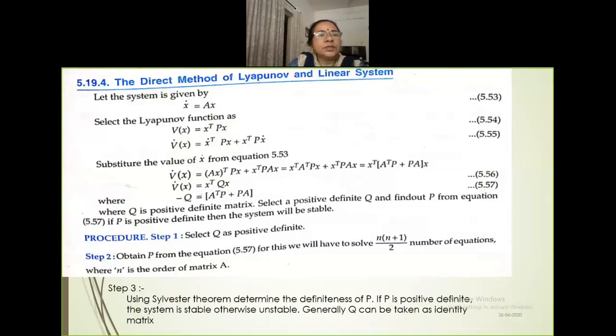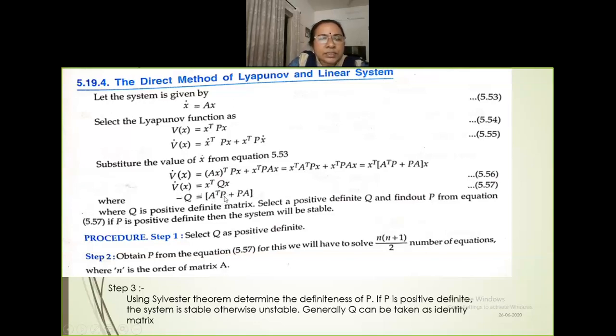Direct method of Lyapunov stability: this is the condition, x dash is equal to Ax. For the Lyapunov function you have to select V of x as x transpose P x. That is why we have found the positive definite matrix Q. The equation is minus Q is equal to this. You need to solve this equation. The system matrix A will be given to you. Then you get the value of P by using this equation.